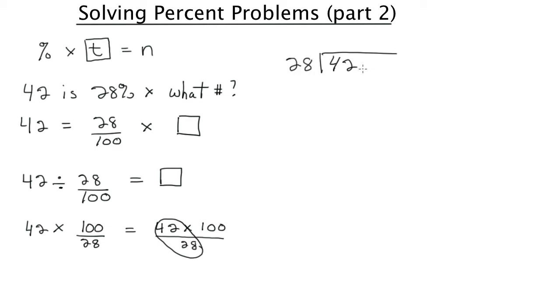And I know I'm going to go into decimals here, so I'll place that in there right away. 28 goes into 4. No, it does not. Goes into 42 once. 1 times 28 is 28. 42 minus 28 is 14. I can add a 0, drop it down, and 28 goes into 140 5 times. 5 times 20 is 100. 5 times 8 is 40. I get 1.5.